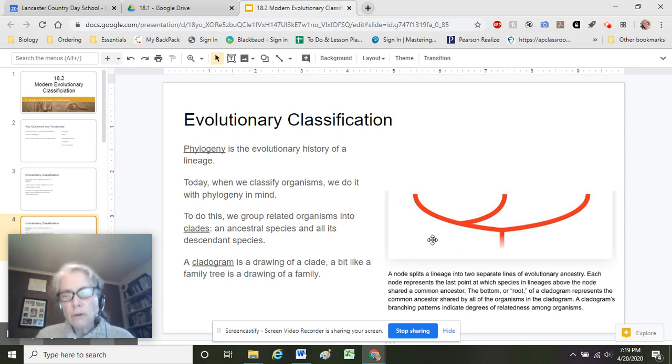Okay, so let's first think of this like a family tree and consider this tip of this particular branch you. And here on this branch is your sibling, a brother or a sister. And you're connected to each other by a common ancestor. And that common ancestor would be your mom, for instance, who herself is connected to the descendants over here by means of a grandparent.